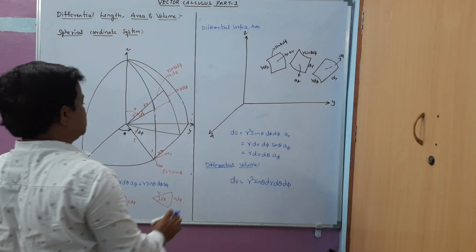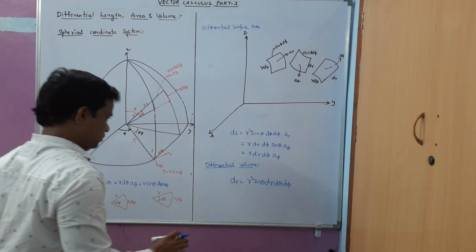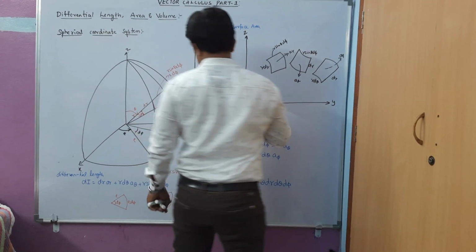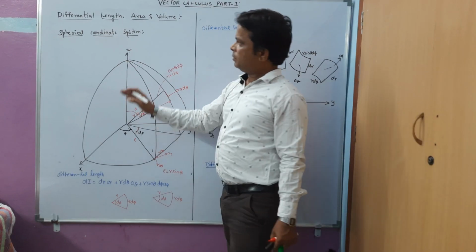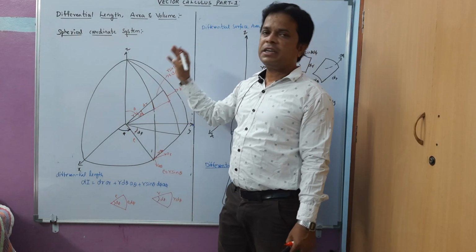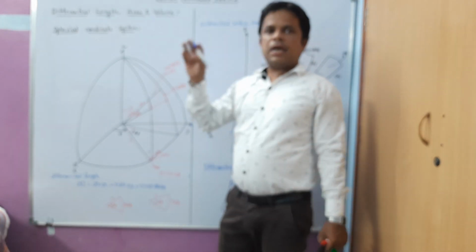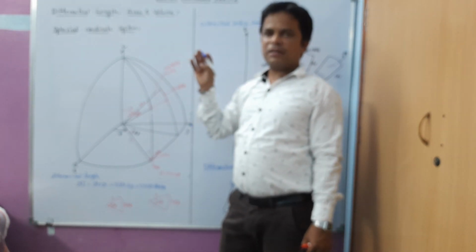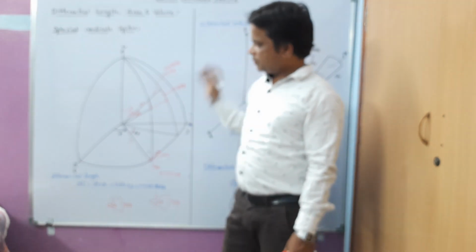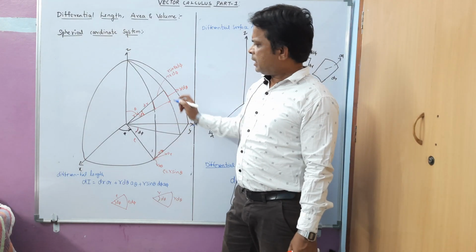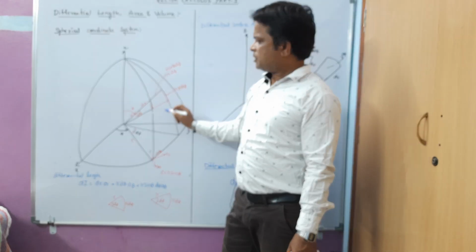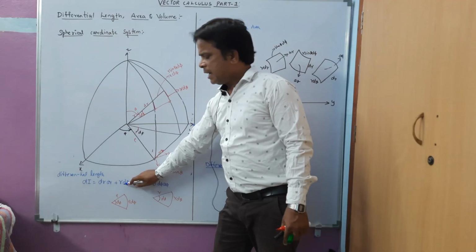So hope you understand. This is a very simple concept of differential length, differential area and differential volume in three coordinate systems, that is Cartesian, cylindrical and spherical coordinates. We just have to take simple precautions while calculating the differential displacement.